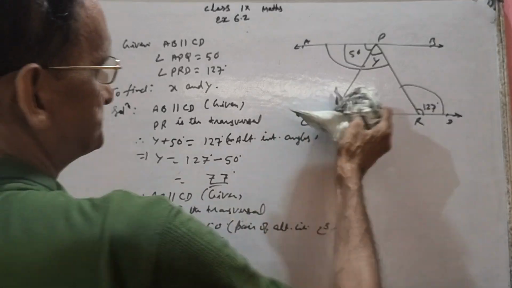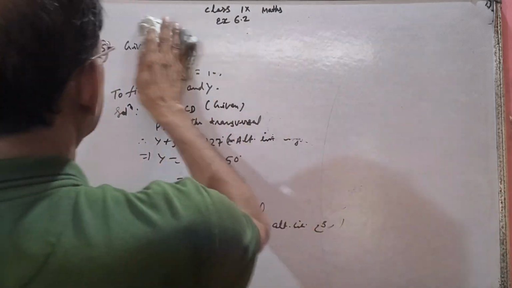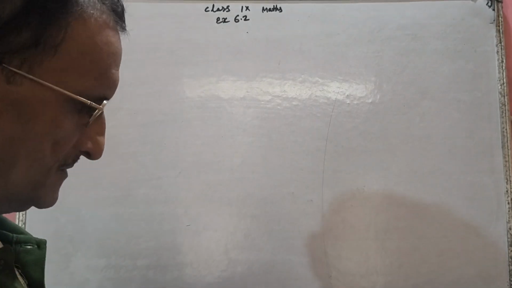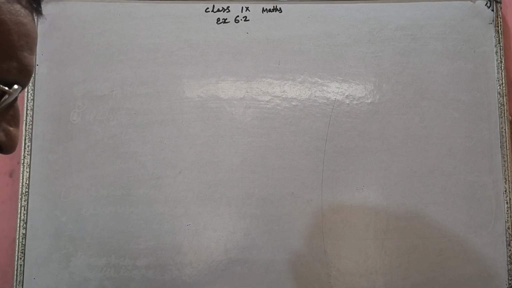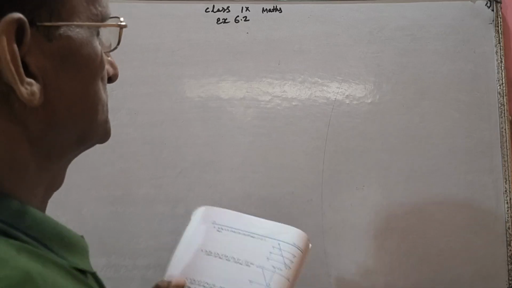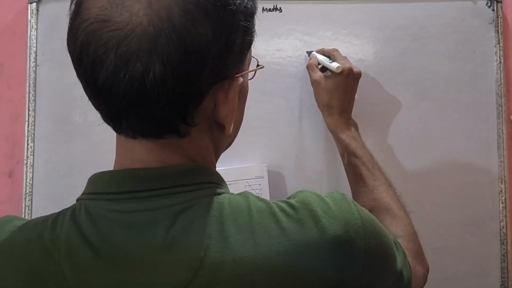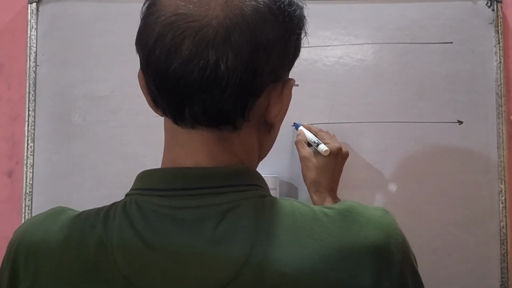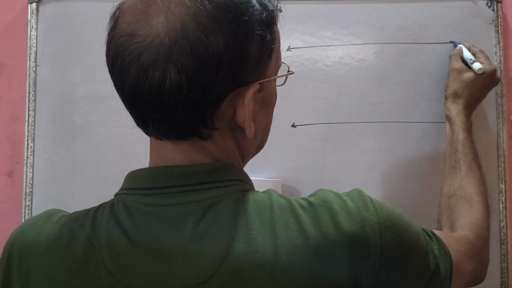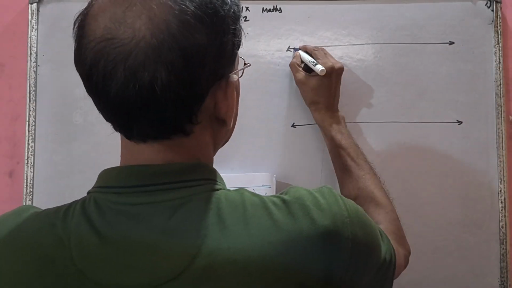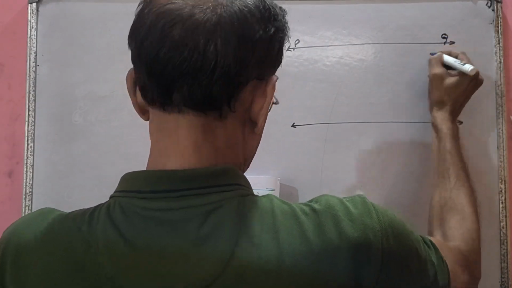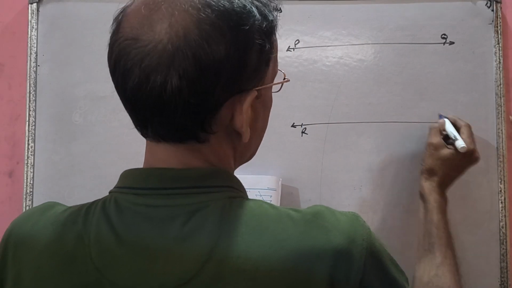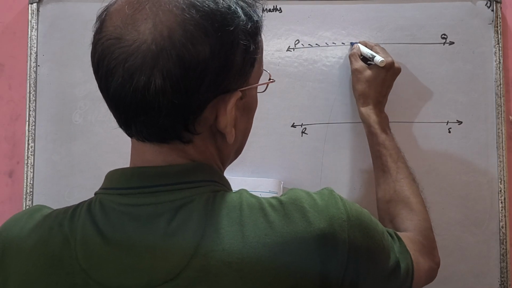Now number 6. Number 6 is a little bit of a science-related question also. So it is very useful because we have some idea of science also. There are two plane mirrors placed parallel to each other, PQ and here RS. And this is a plane mirror, no? So it is painted on one side.